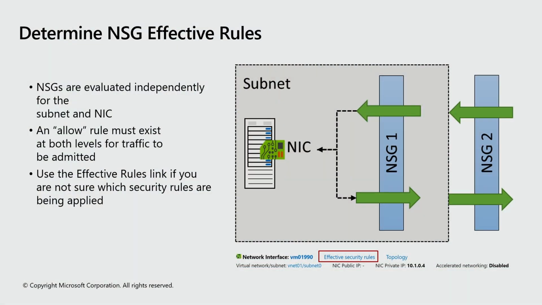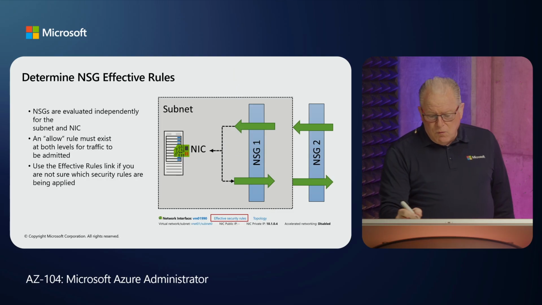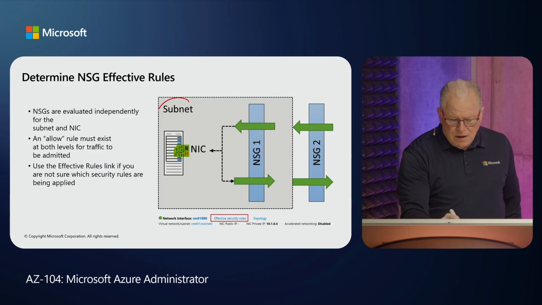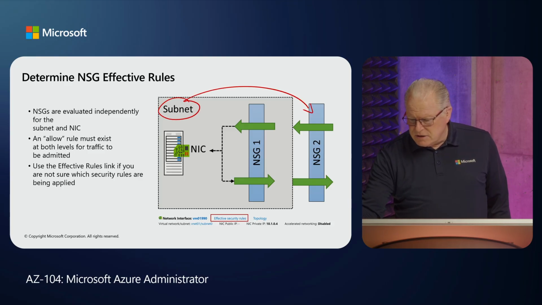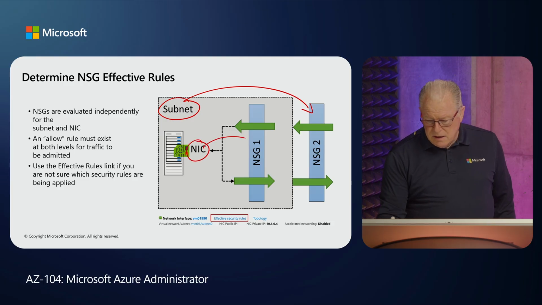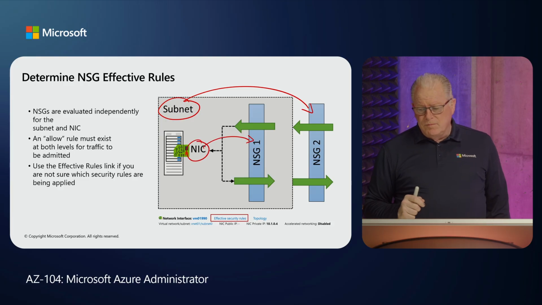Here's the diagram that we talked about, the two locations in which you can assign the NSG itself. So we've got one at the subnet level, and we've got one at the NIC level. So the subnet is actually NSG number 2. The NIC is NSG number 1.